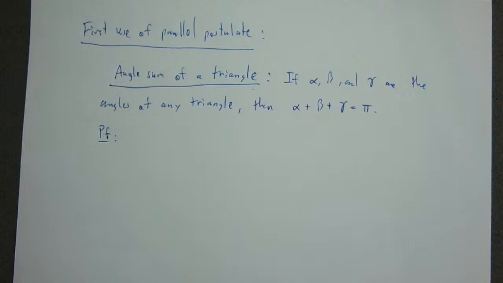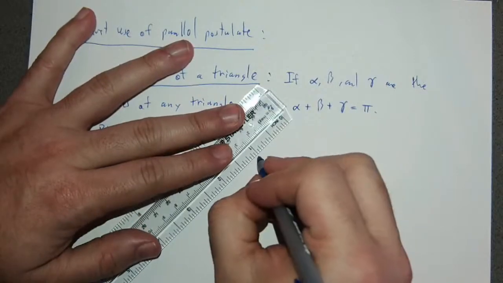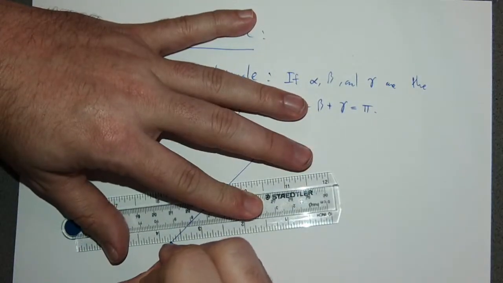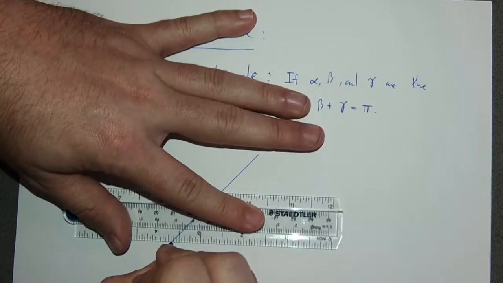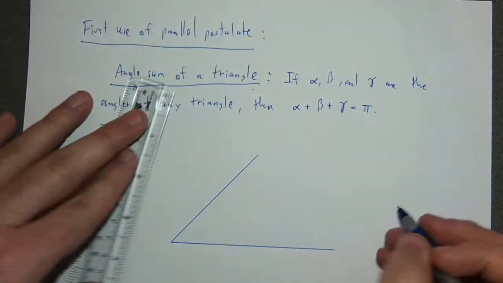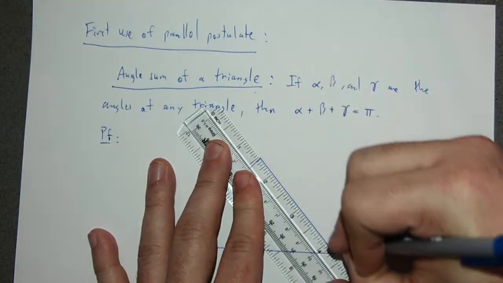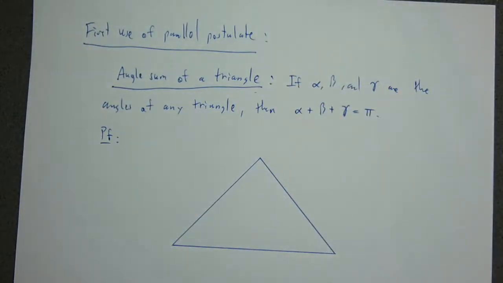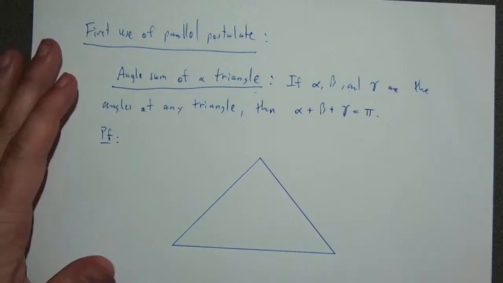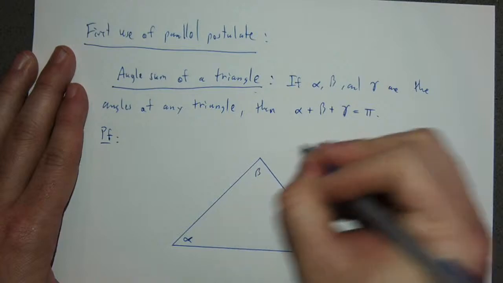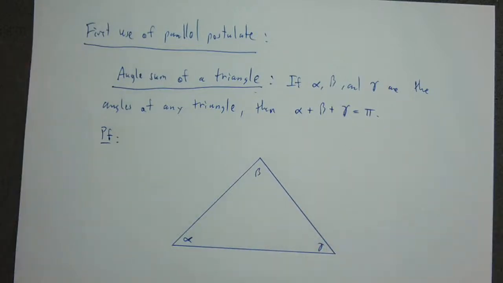So how to prove this? Well, I draw a triangle. Let's draw a triangle here. I almost drew an isosceles triangle again, despite not wanting to, but let's say here's alpha, here's beta, here's gamma.